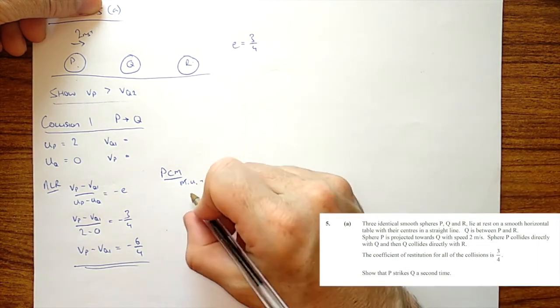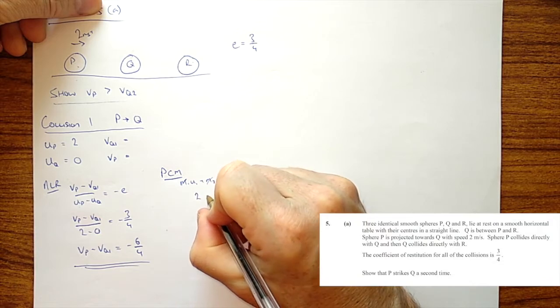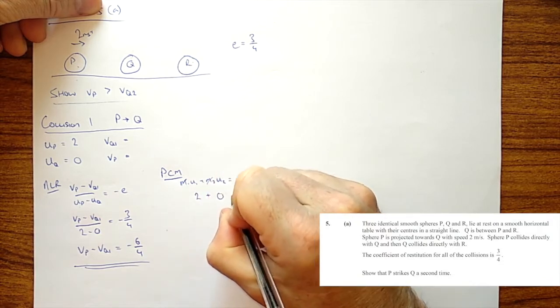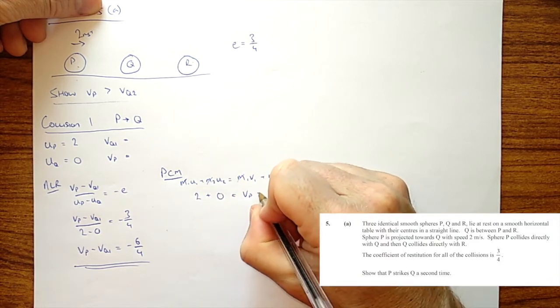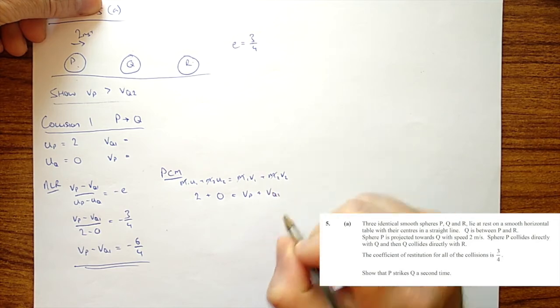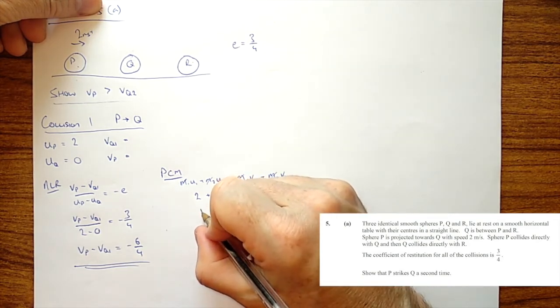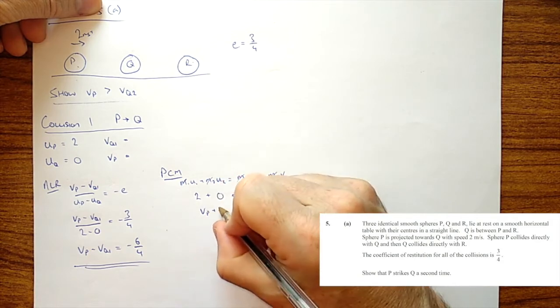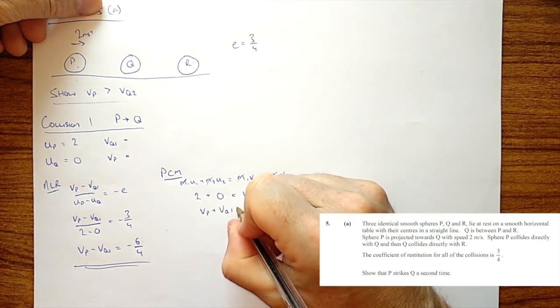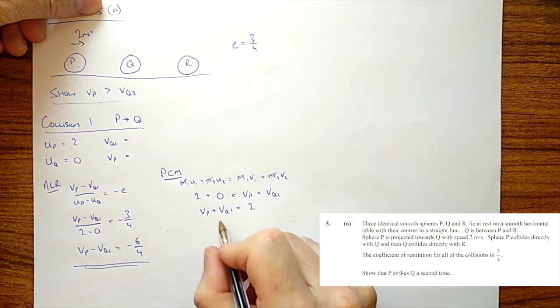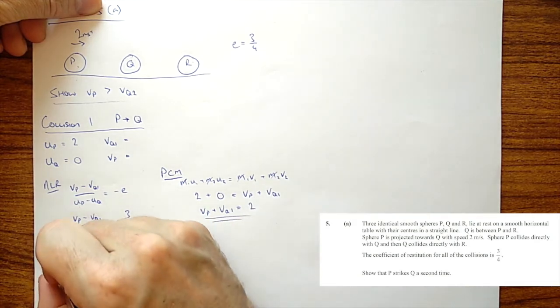So that is 2 plus 0 equals VP plus VQ1. So VP plus VQ1 equals 2. That's my second equation.